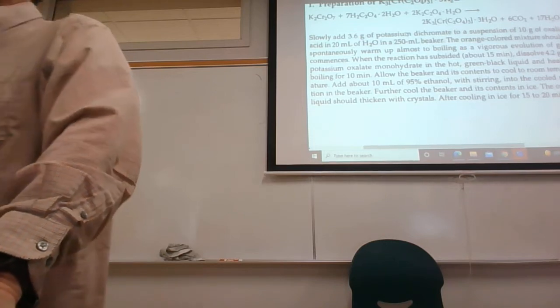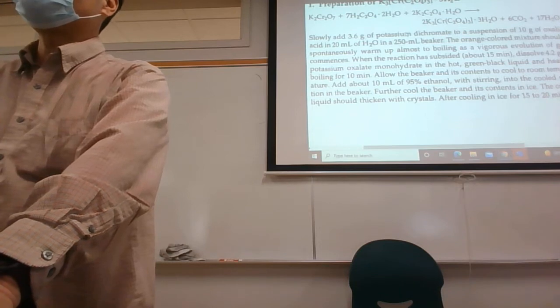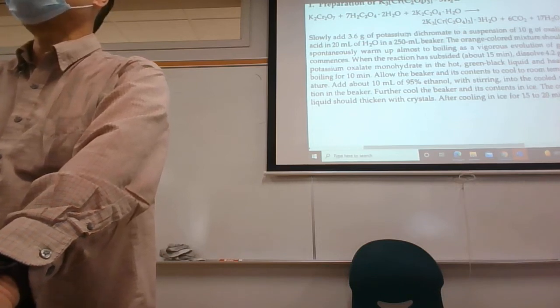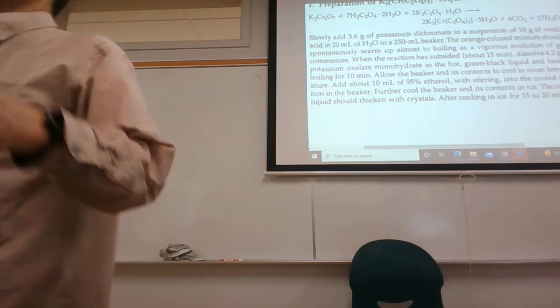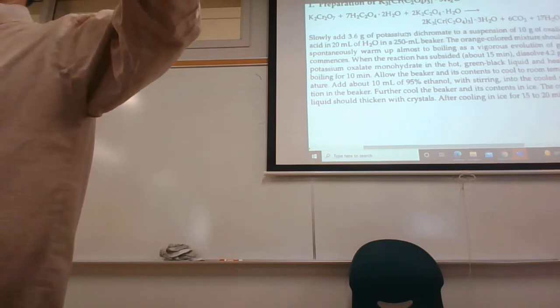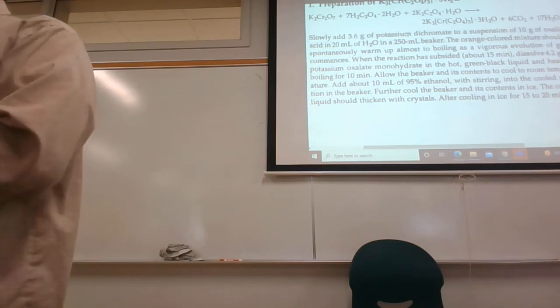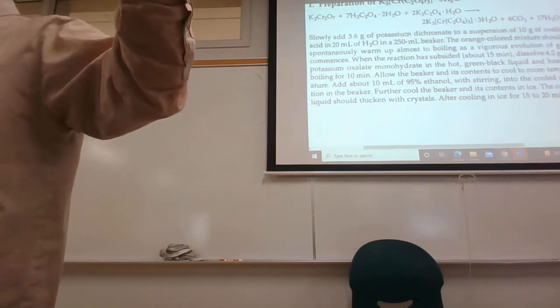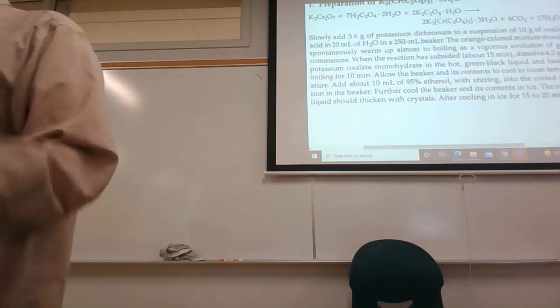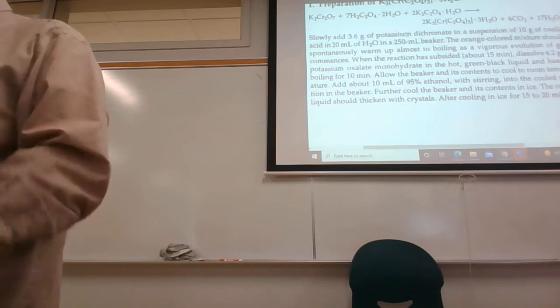Rather than nucleating thousands of tiny crystals, it's better to nucleate just a few, and those few can grow bigger and bigger with time. So we want to minimize nucleation and maximize growth. If you want tiny crystals, you maximize nucleation and minimize growth.